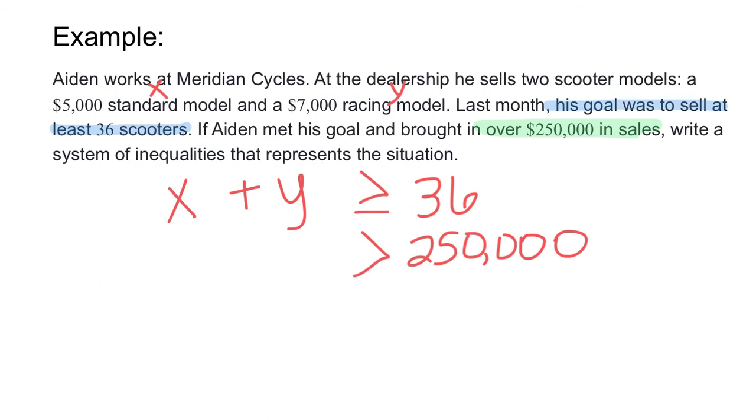So that's where our money's going to play in. $5,000 for each standard model plus $7,000 for each racing model to get $250,000 total. And we could graph that and find points that would work in that situation, but that's not what we're doing. We're just creating the system here.